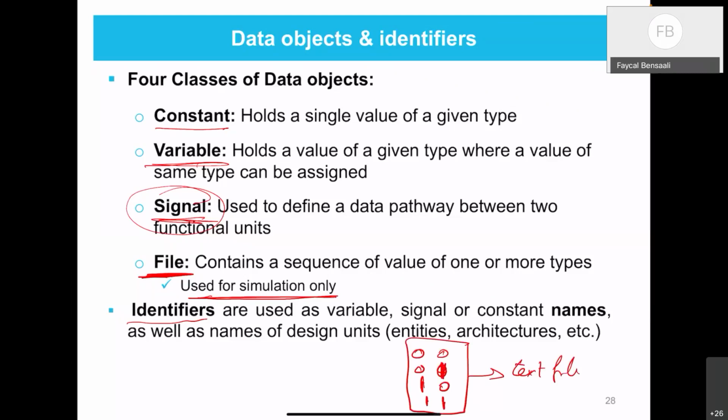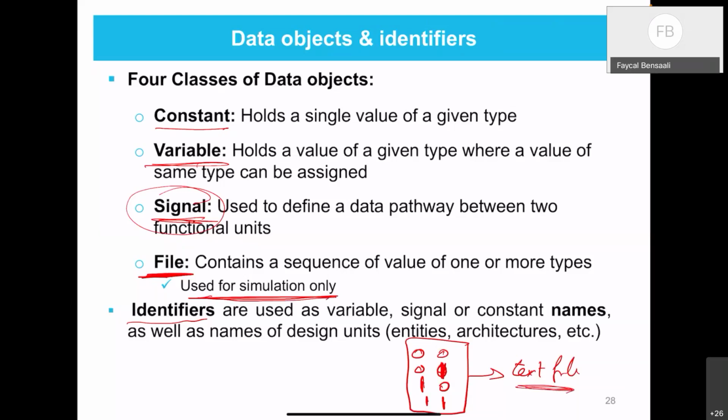Of course, this is very simple, so you wouldn't use a file for it. Usually we use files when we have thousands or more of test cases. Those test cases can be generated in MATLAB or whatever, put into a text file, which you can then declare and use. So files are used for simulation only.